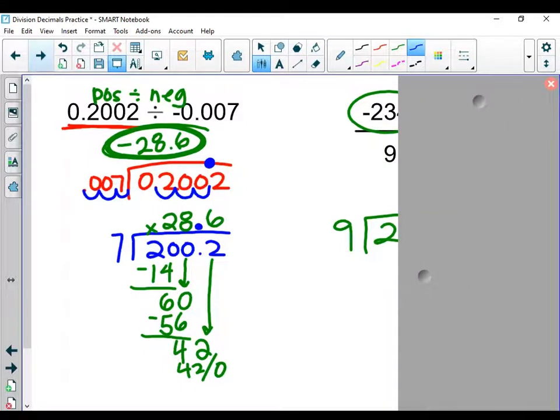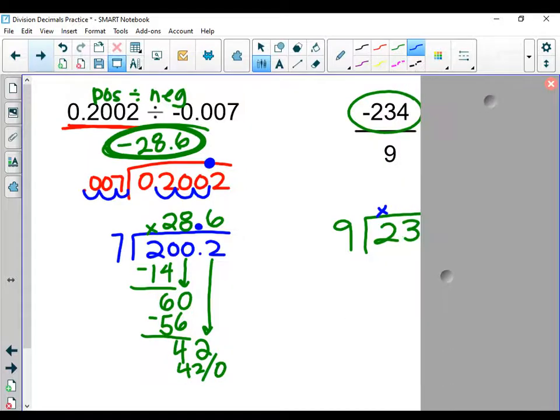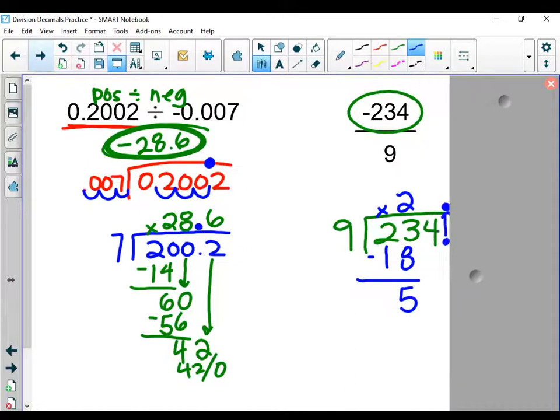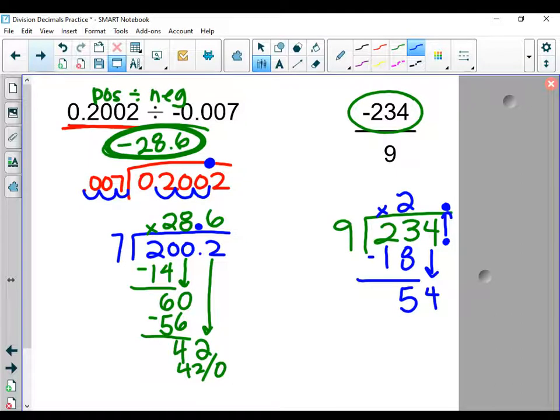Slowly work my way across the problem. Does 9 fit into 2? No. Does 9 fit into 23? Yes. Twice. Does 9 fit into 54?